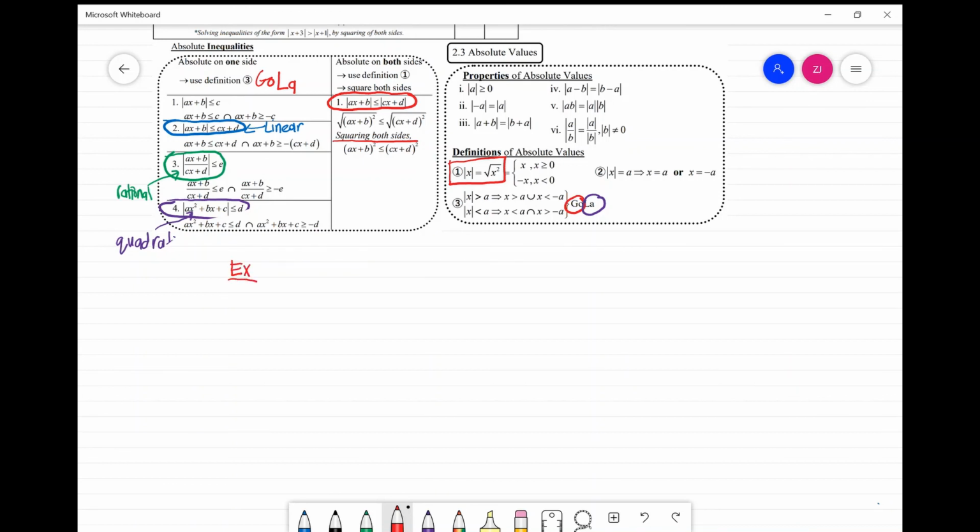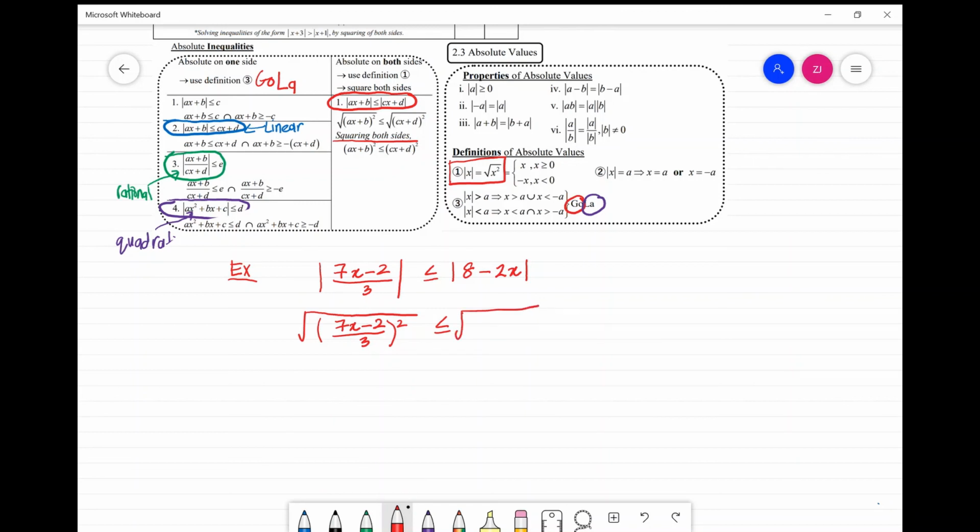If we have the absolute value of (7x minus 2) over 3 less than or equal to the absolute value of 8 minus 2x. By using the definition of absolute value, the absolute value of (7x minus 2) over 3 is basically ((7x minus 2) over 3) squared, and the inequality sign will remain.